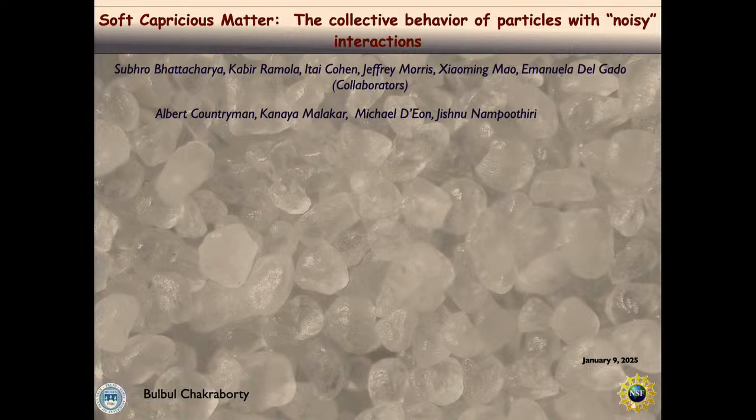The kinds of systems whose collective behavior I have been interested in understanding are collections of particles like this. The problem this kind of system poses is, let me just make you look at these two particles.